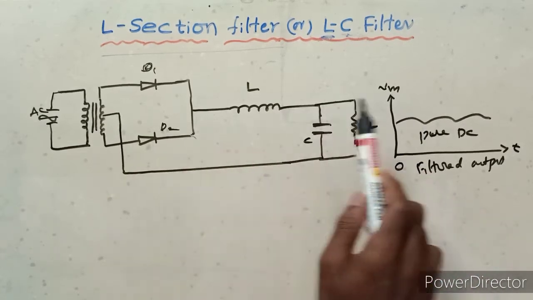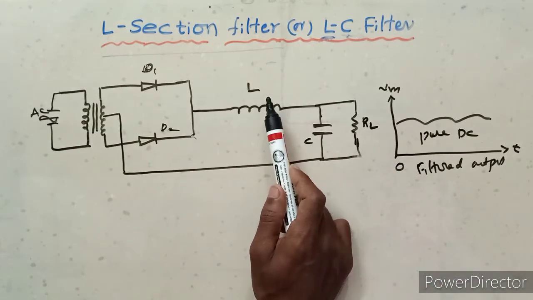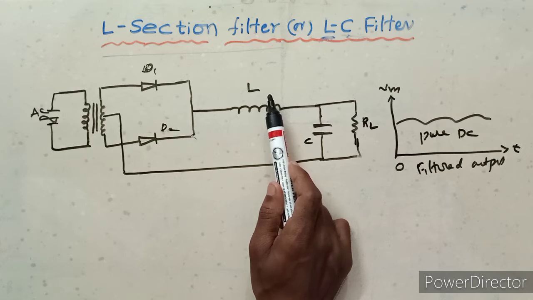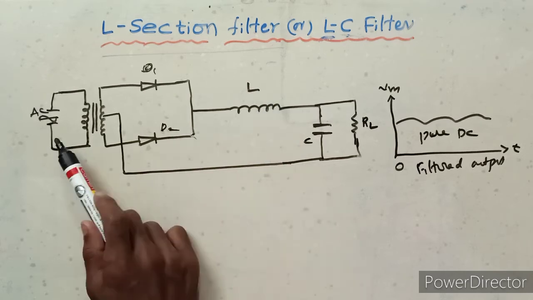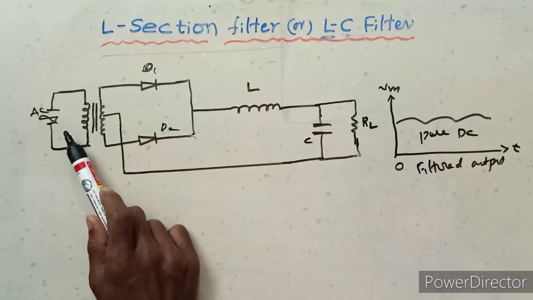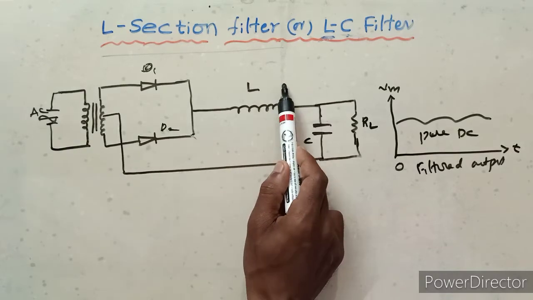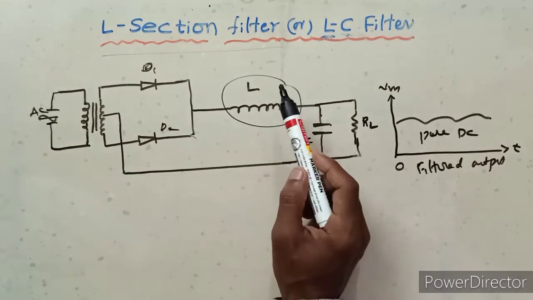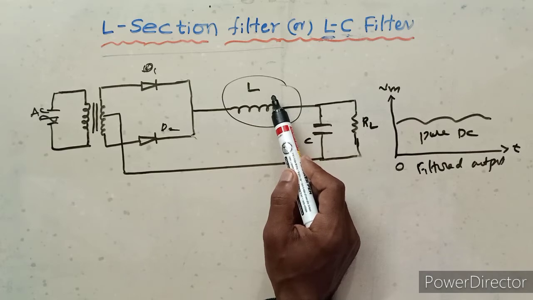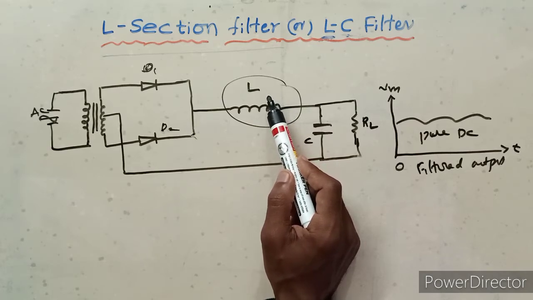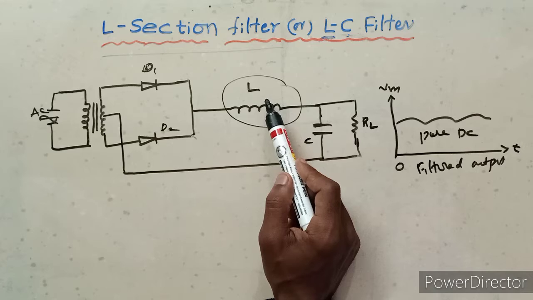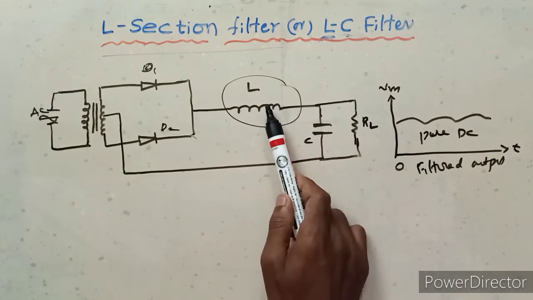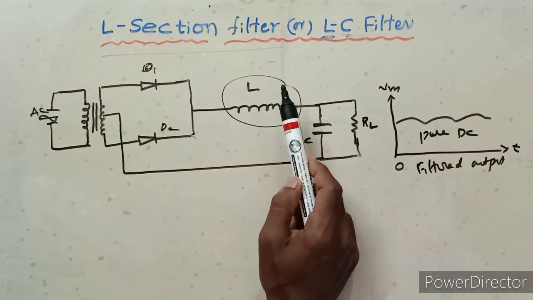In this type of filter, series inductor L rapidly blocks the AC components from rectifier output. So in this filter, AC components are almost blocked. In the previous lecture, we observed this thing.